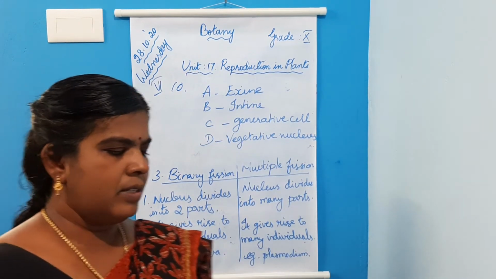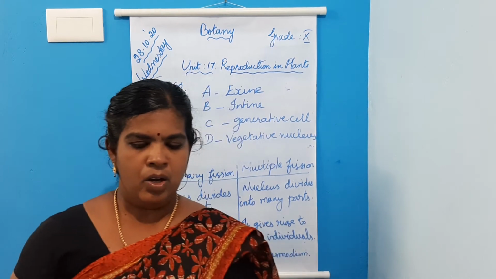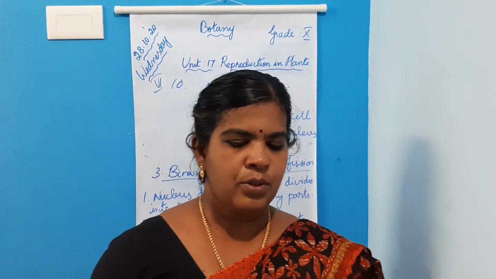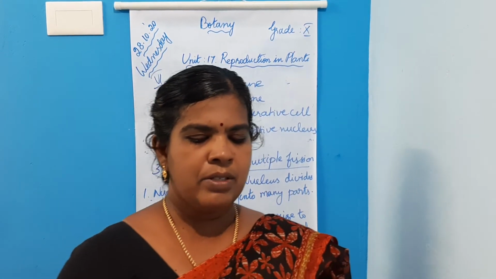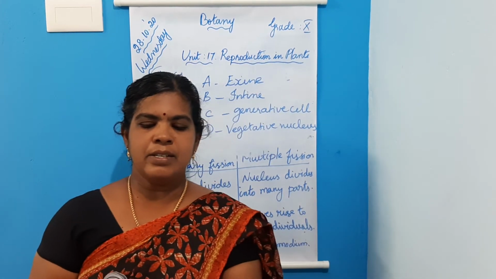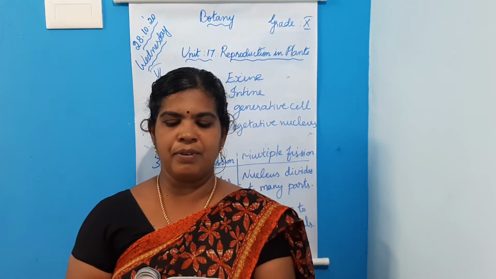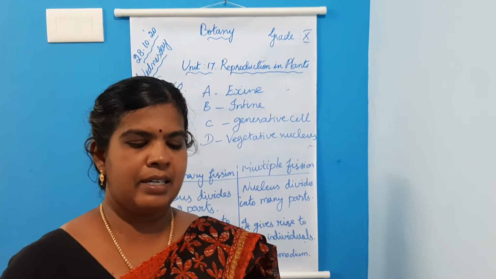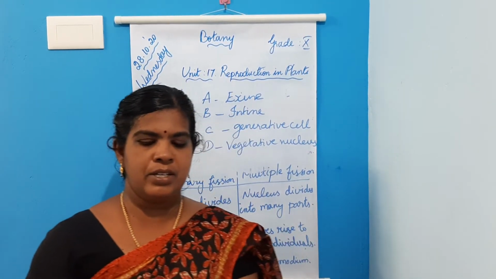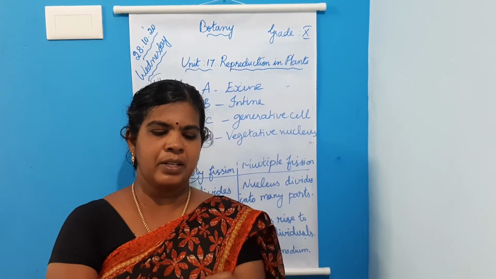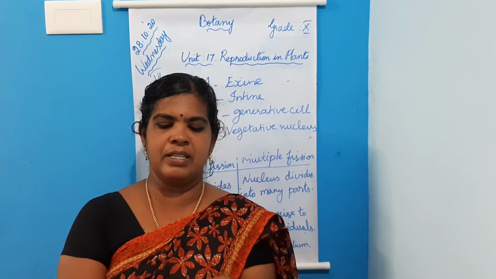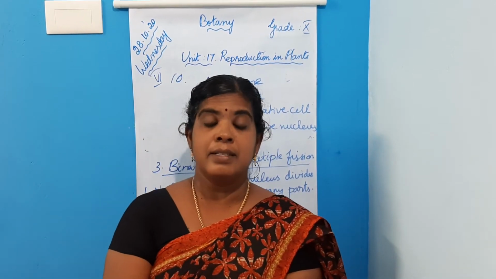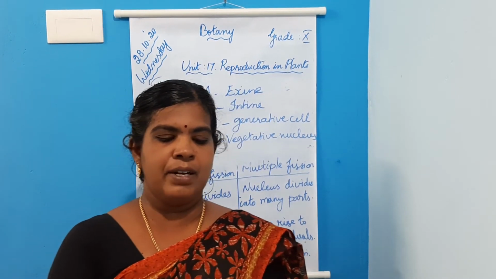Next one is the 11th question. Write the events involved in the sexual reproduction of a flowering plant. What are the events? Pollination, fertilization. These are the two events involved in the sexual reproduction of a flowering plant.